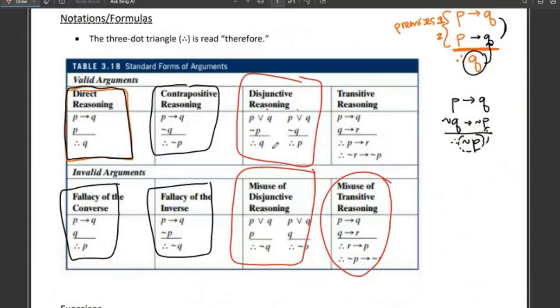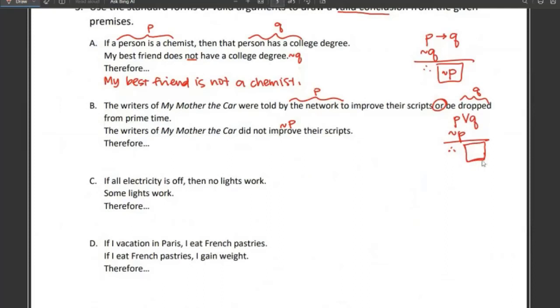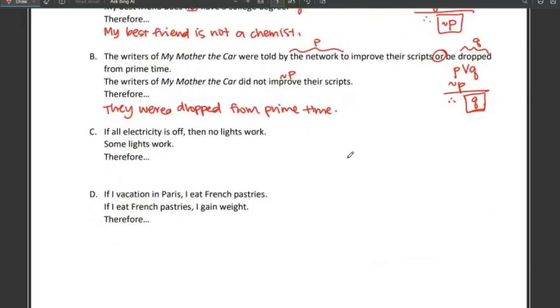We need a positive Q. Okay, and then a positive Q would be that they were dropped from prime time. And then these will be multiple choice on the homework.